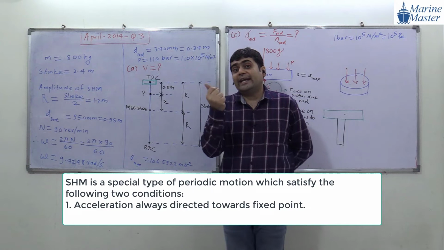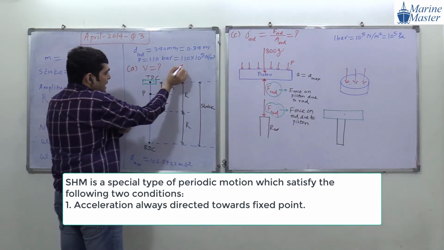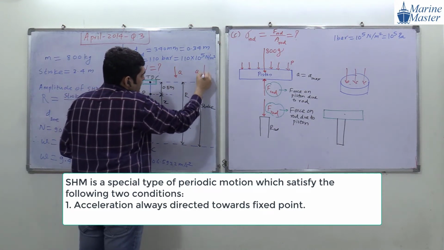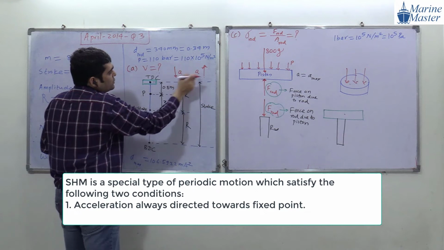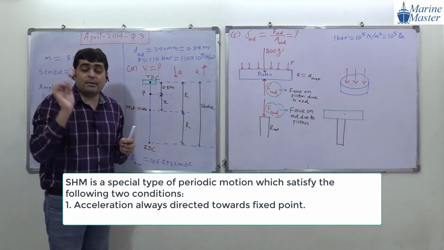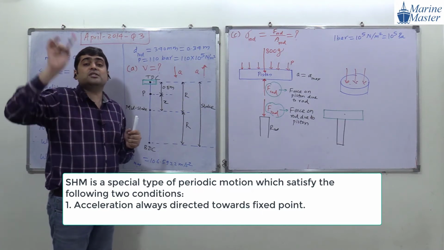So now what will be the direction, guys? I'm showing two arrows here. Now tell me, is the direction of acceleration downward or upward? Out of this, which condition is true when the piston is at TDC? Remember one point, acceleration is always directed towards the fixed point.